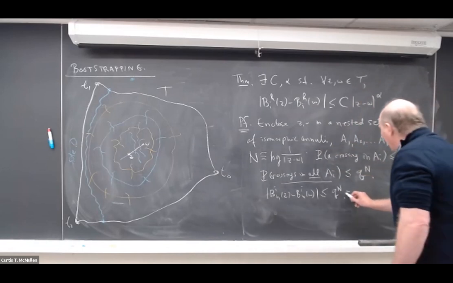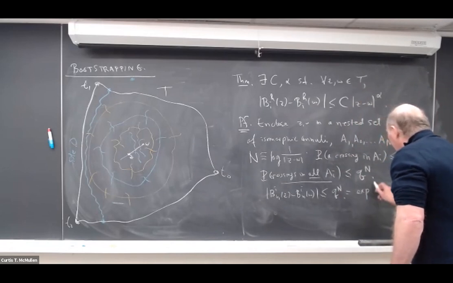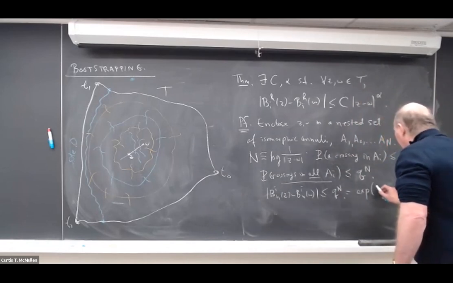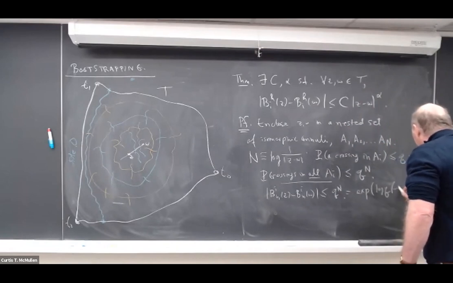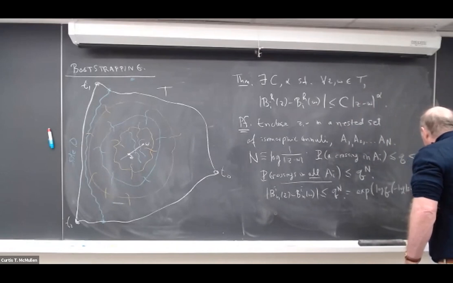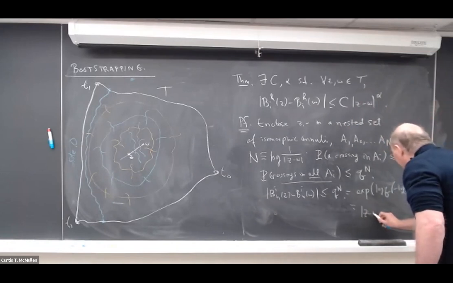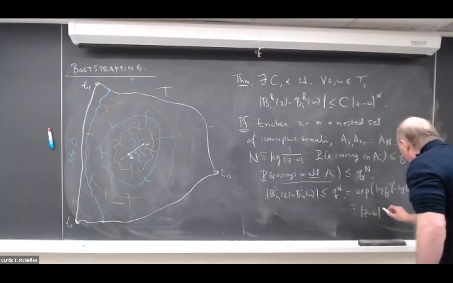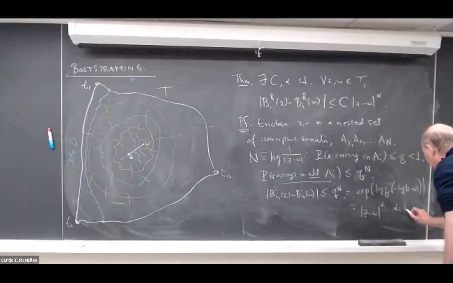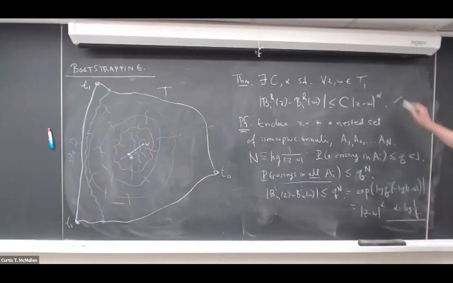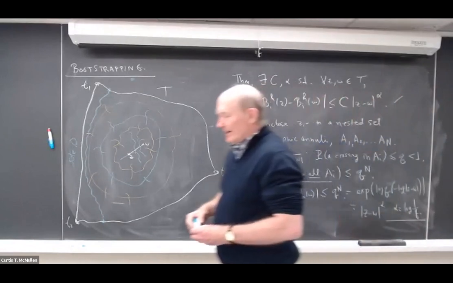Now, what's Q to the N? This is the same as E to the log Q times minus log of Z minus W. And we have two logarithms here, so we can change the base. So this is the same as Z minus W to the alpha, where alpha is the logarithm of 1 over Q. Okay, so that's the proof of the Hölder continuity of these functions.